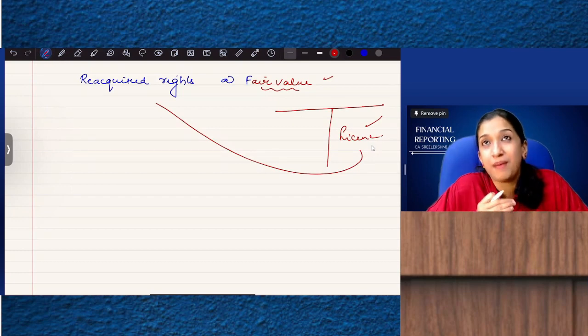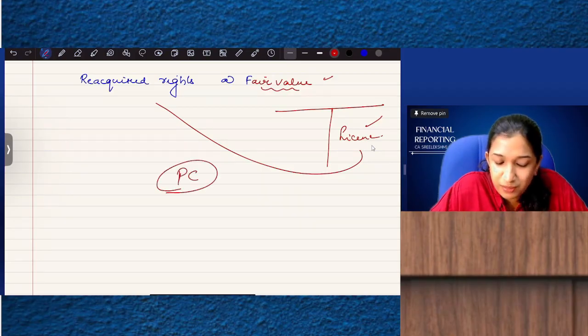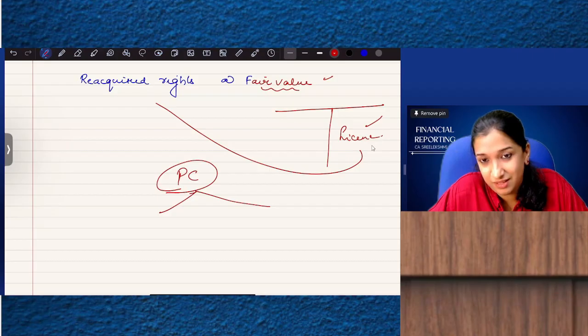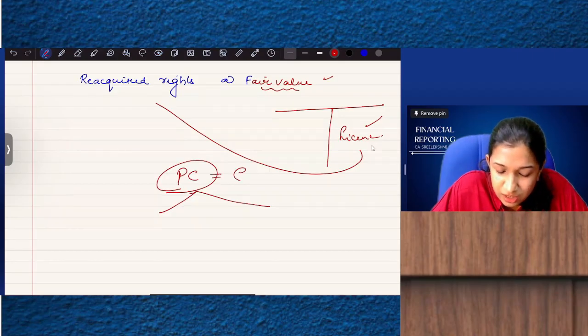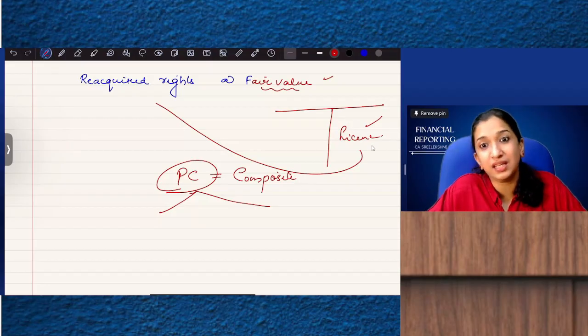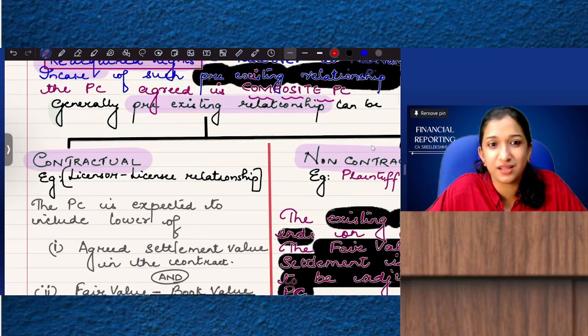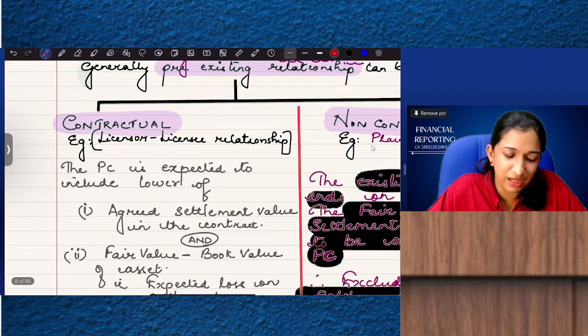When it is taken back, what the standard says is that purchase consideration should be divided. This purchase consideration is called composite PC. Composite PC means PC includes something else because you are in a pre-existing relationship. So this has to be divided.